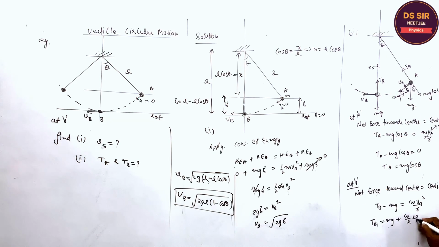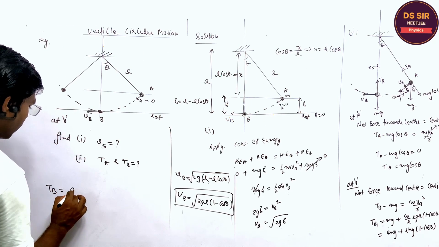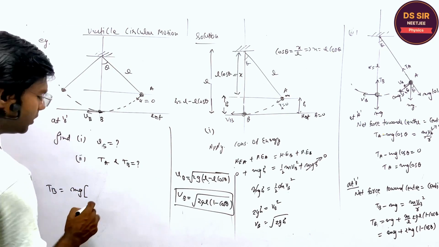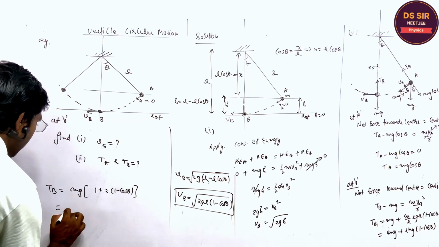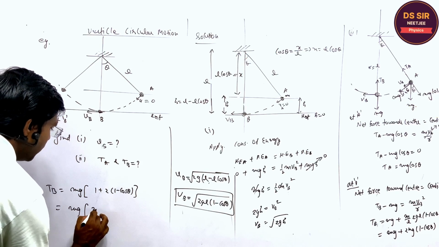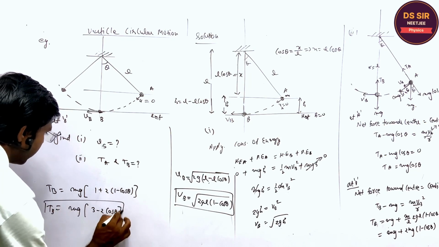So it will be 2gl(1 minus cos theta). L will cancel out. So this is mg plus 2mg(1 minus cos theta). Is it clear or not? So I am writing this side. So TB will be equal to, if you take mg common, 1 plus 2(1 minus cos theta), and the answer you will get, 3 minus 2 cos theta, will be the tension at the point B.